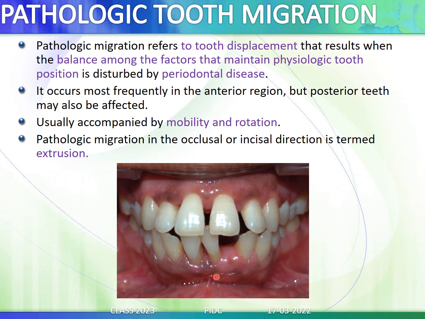If pathologic tooth migration occurs in the occlusal or incisal direction, it is called extrusion. In simple terms, tooth displacement could be in the mesial, distal, or occlusal direction, and if it is because of a periodontal disease, you call it pathologically migrated.